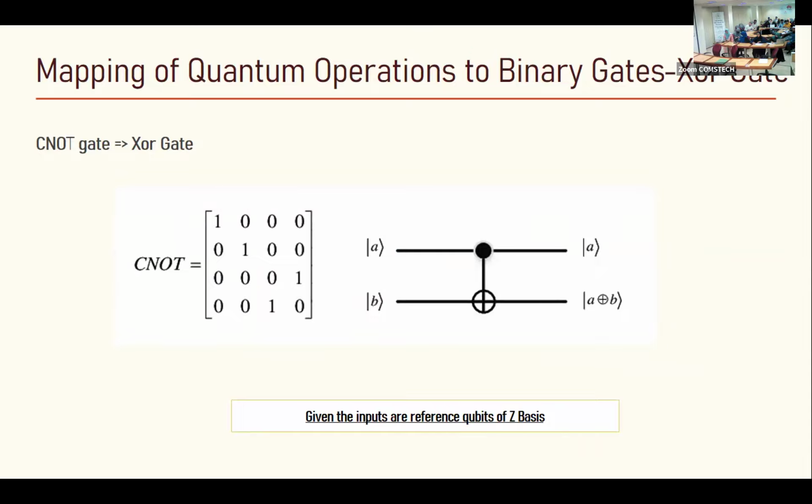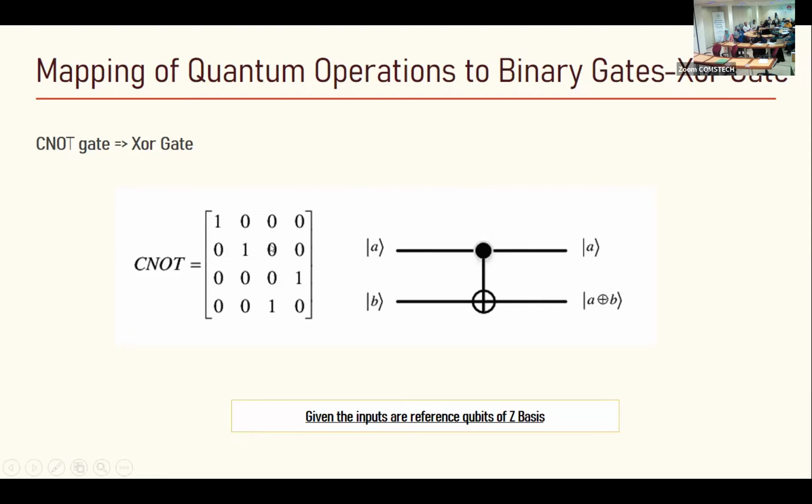I'll show you how, but the quantum analog to XOR gate is the CNOT gate. Now, why am I going to say that? We're discussing the top-to-bottom approach, okay? So we have the CNOT gate. Here we get the control bit as it is, and the target bit is transformed.